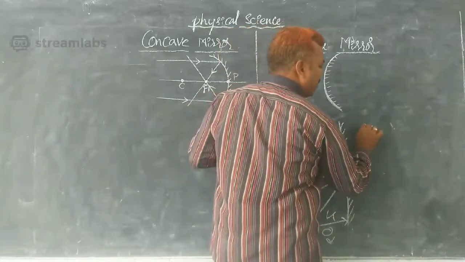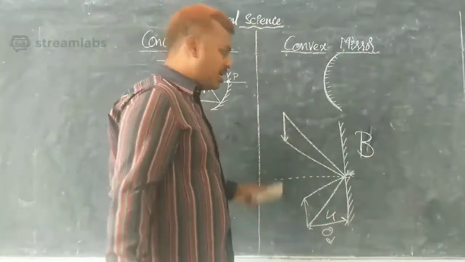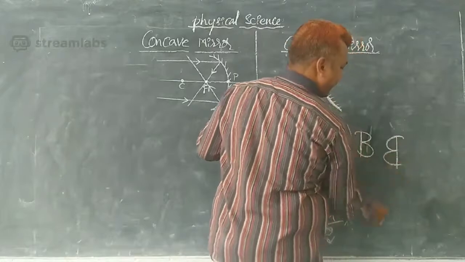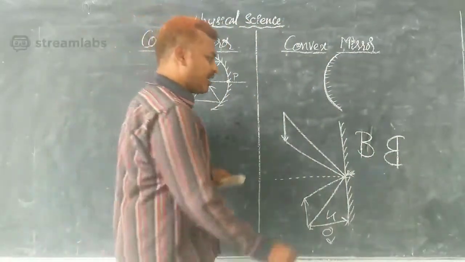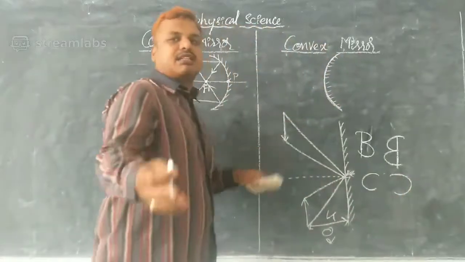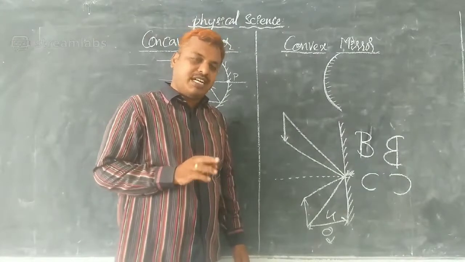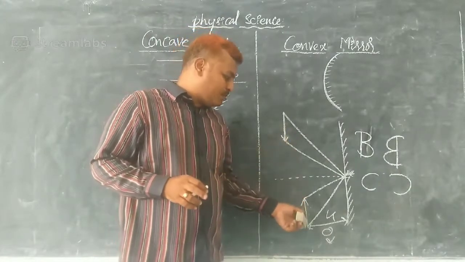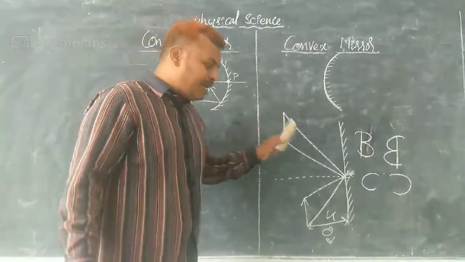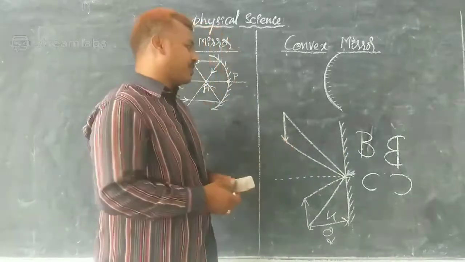I write B in front of the mirror, and inside the mirror you will see the B like this. When I write C like this, you will find C like this inside the mirror. In reverse, you can see the image, right? Similarly, when you place an object in reverse, you will find the image. In the plane mirror, object distance and image distance are both the same, isn't it?